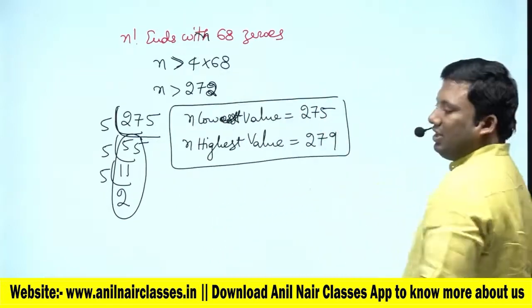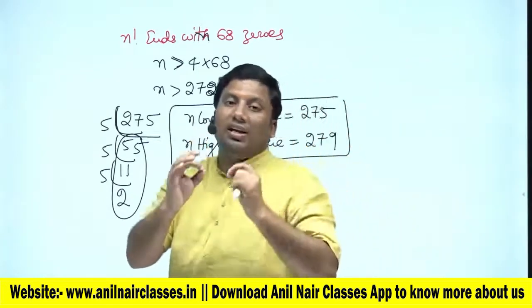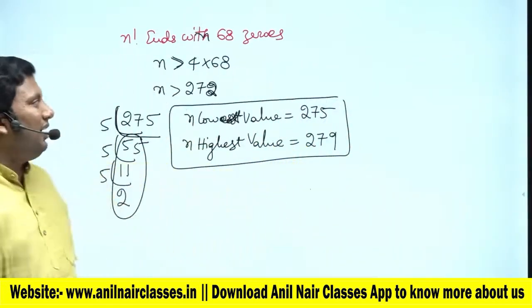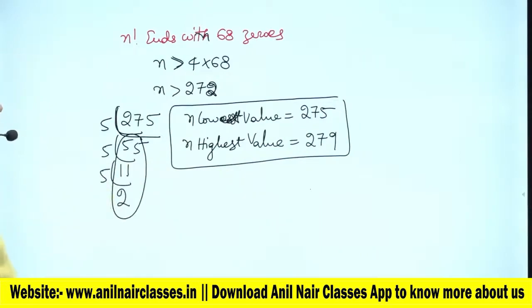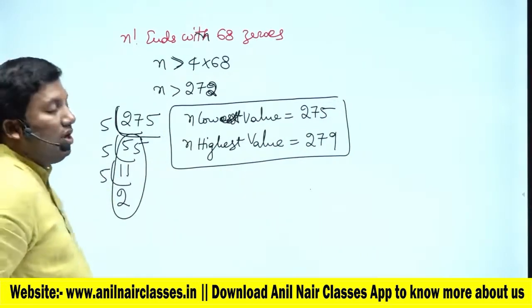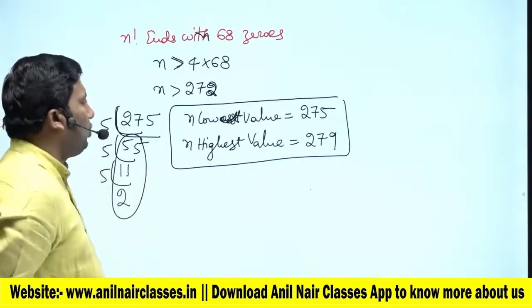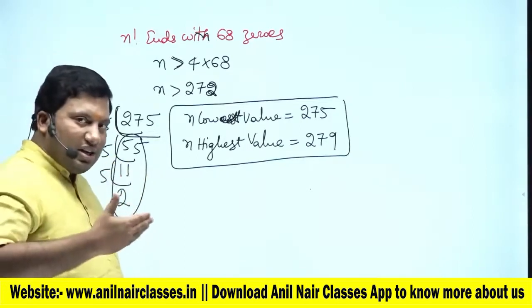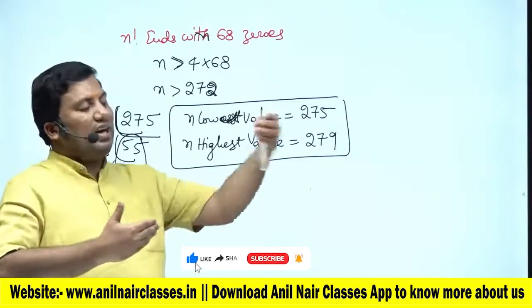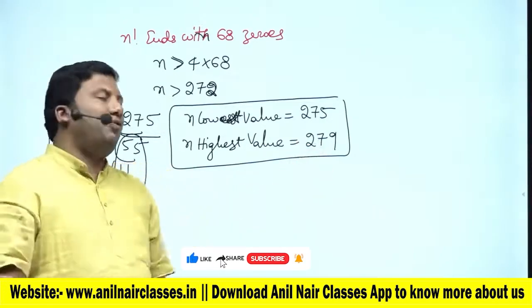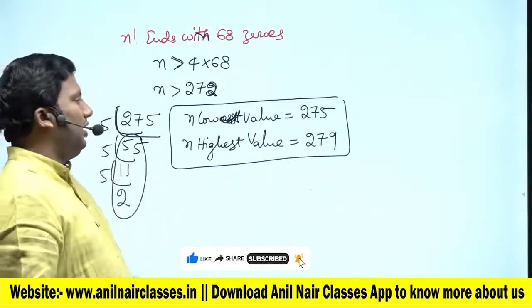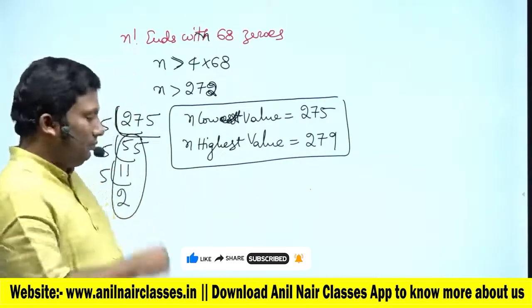Very, very easy question. N factorial ends with x zeros. N is greater than 4x. N is greater than 272. What is the multiple of 5 just greater than 272? 275. Already we discussed from the multiple of 5 till the number which is just before the multiple of 5, number of zeros will not change.